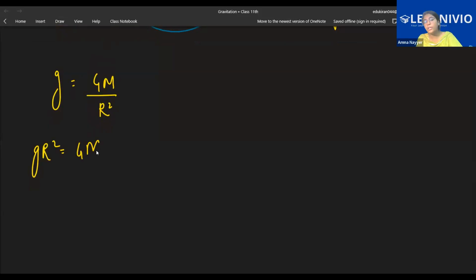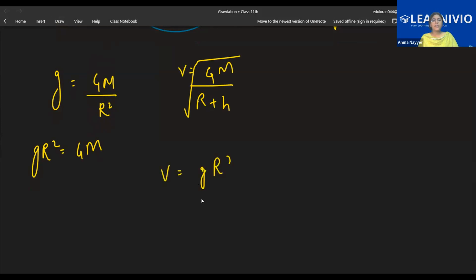One more thing, we'll write the orbital velocity also as root of GM by capital R plus h, because small r actually means R plus h. So when you put in the value of GM as g R square, this is root of g R square by R plus h, and this can also be used. One thing, Ali, what is the formula of escape velocity?